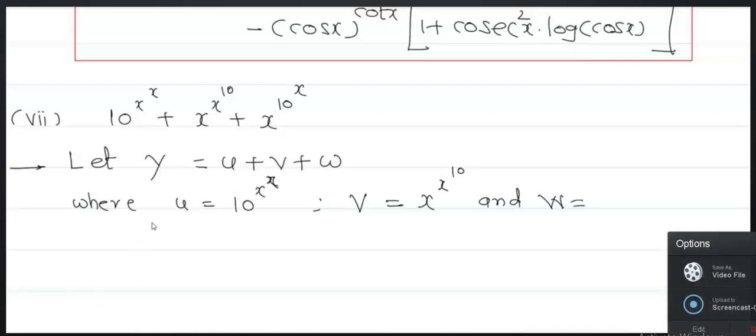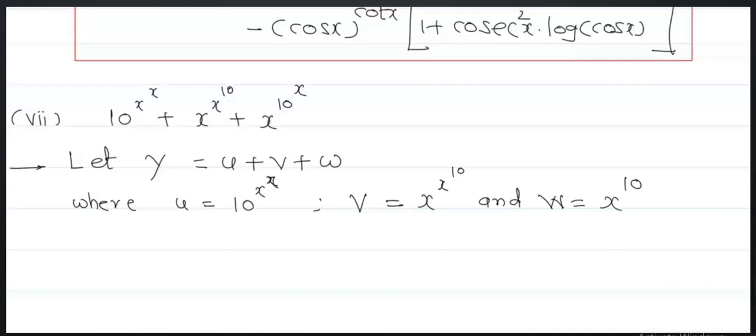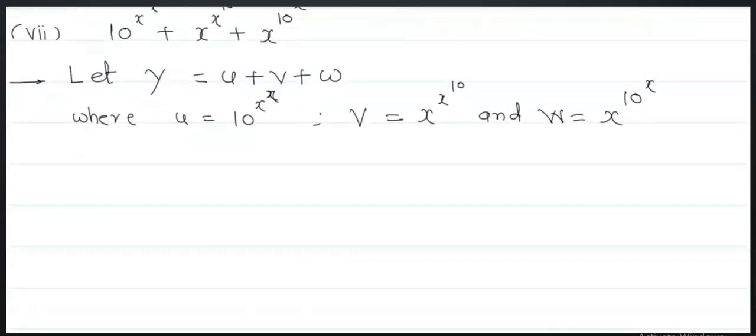This is the seventh one, that is u is equal to 10 raised to x raised to x, v is equal to x raised to 10, and w is equal to x raised to 10 raised to x.